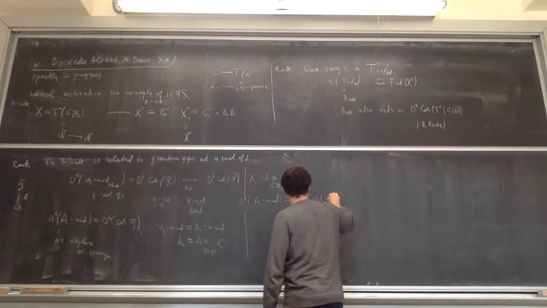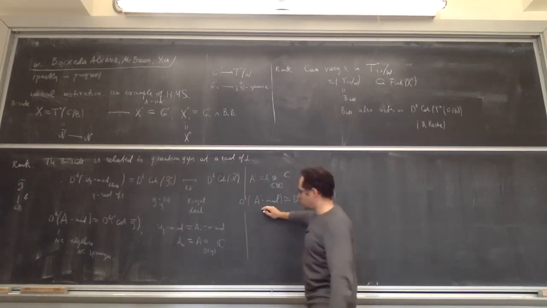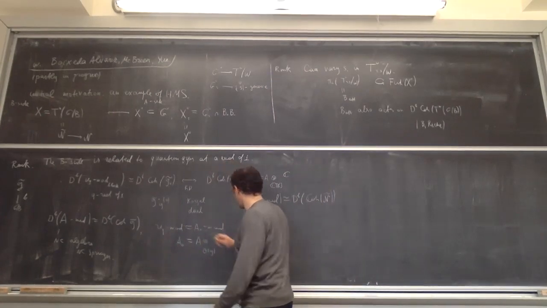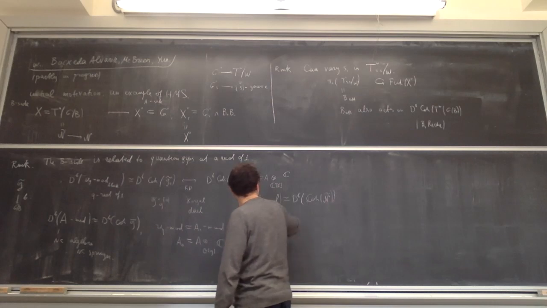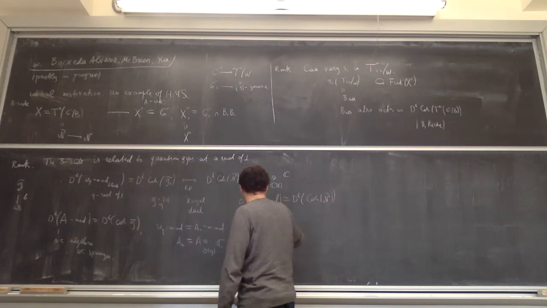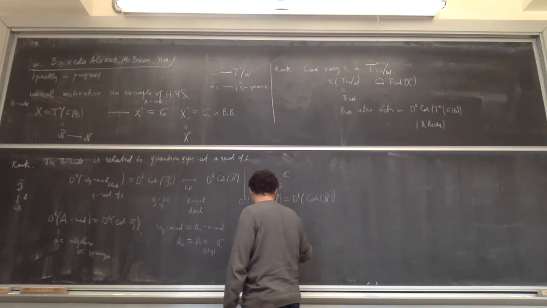So A prime can really be called the non-commutative Springer resolution, and A is maybe the non-commutative Grothendieck-Springer thing, and yes, A_0 and A prime are Koszul dual quadratic algebras.